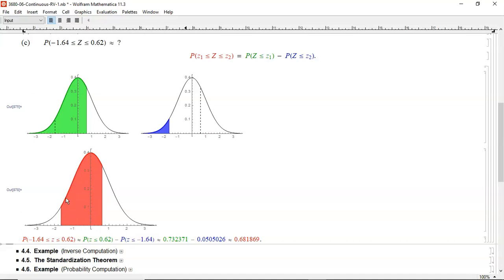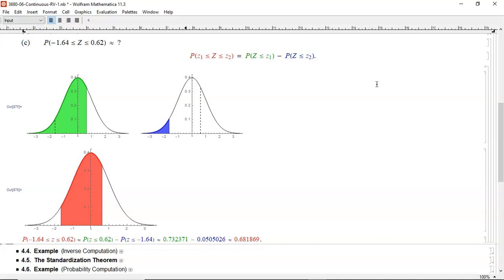So this is what we want between negative 1.64 and 0.62. And how do we get that? Less than 0.62, green, minus less than negative 1.64, blue. So if you do green minus blue, then you're going to get red. See that?